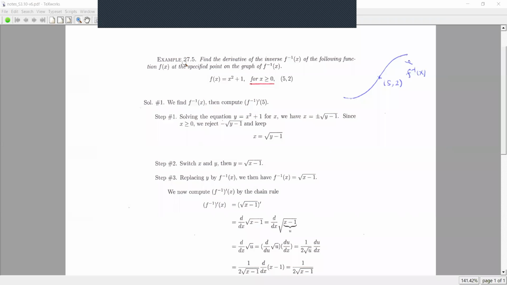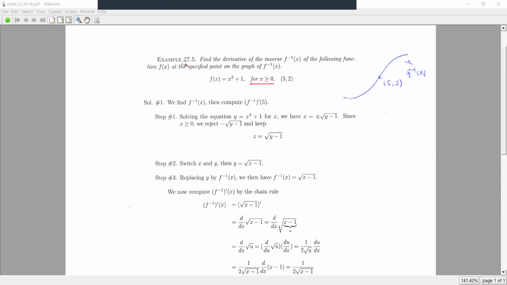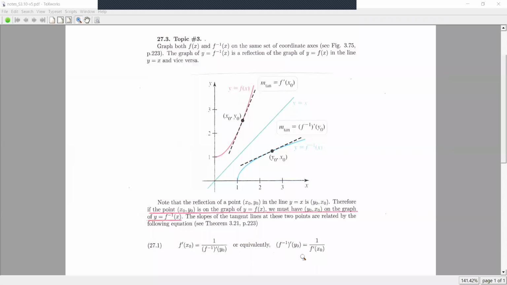About this example, there are two solutions. In solution 1, I explicitly find f inverse. After I get f inverse, I compute the derivative of f inverse at 5. In solution 2, I use this formula.